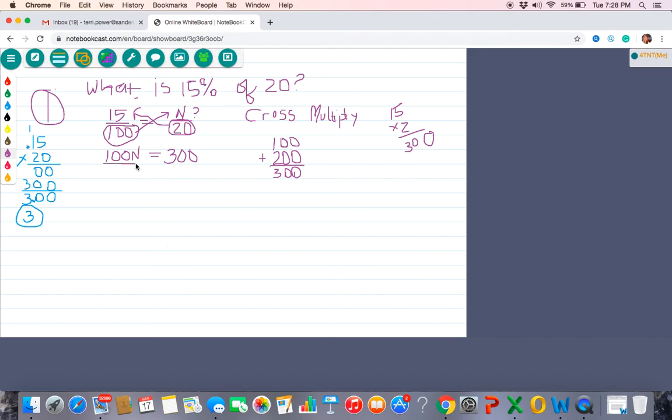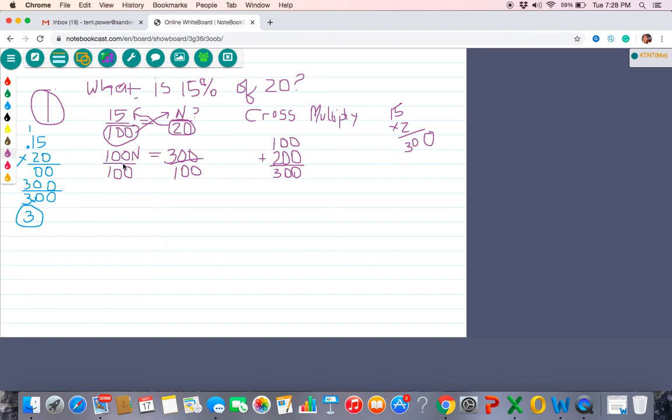Now we're going to divide both sides, both of these numbers, by 100. Anything we do on this side, we're going to do to that side, because they're proportions. They are equal, they're proportional, and so they're balanced. So we want to keep the balance going.